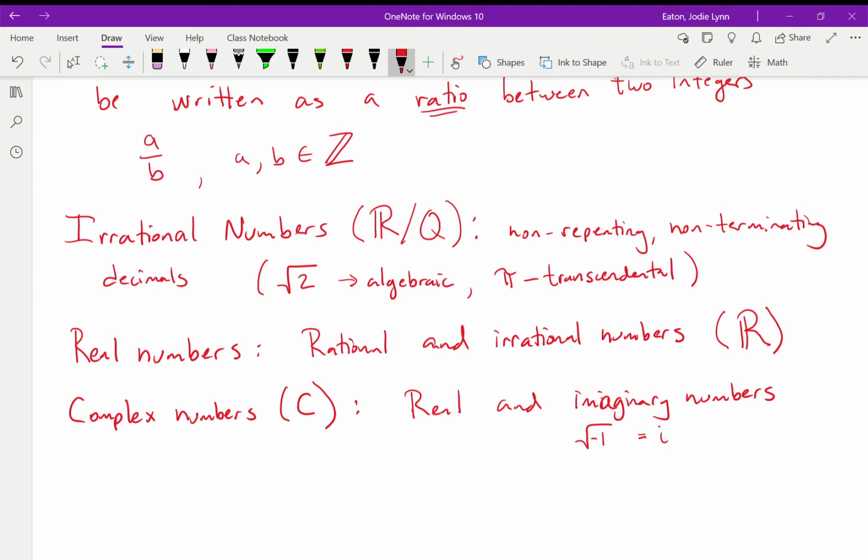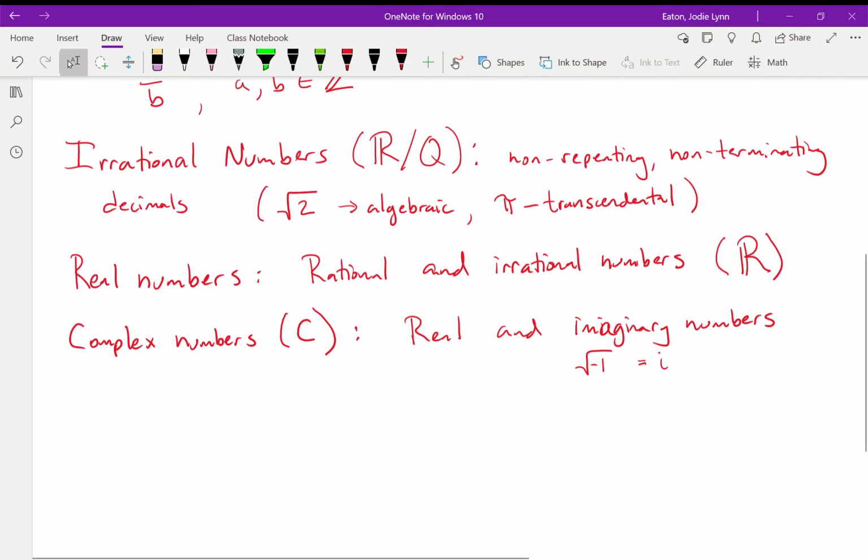From that, we generate a whole huge set of complex numbers that include various kinds of i. The really cool thing about i is you can actually do some real physics with imaginary numbers, and that kind of thing always just blows my mind. It's pretty incredible.